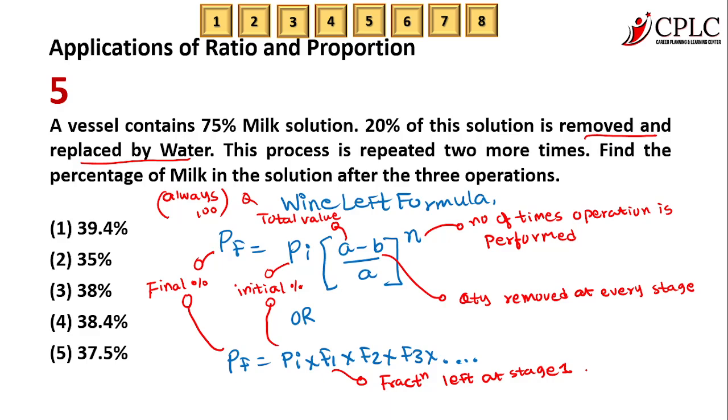F3 will be fraction left at stage 3 and so on so forth. So first thing you'll have to do is remember these formulae and their terminologies. Make a note of it very quickly first of all. Then we'll see how to apply all these scenarios and how to solve this question and get your answer.